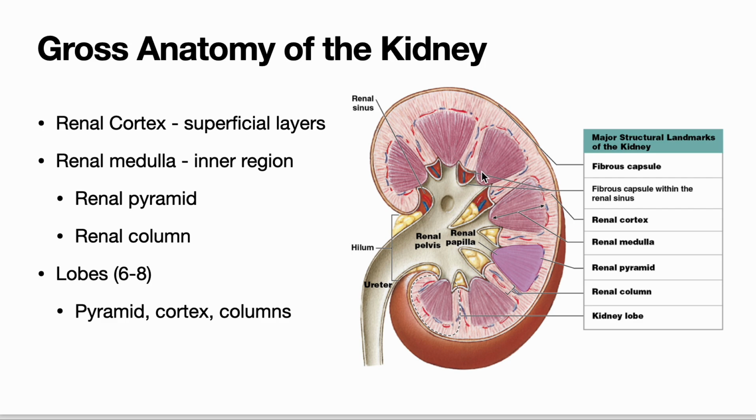You can also see the pointy part of the renal pyramid is called the renal papilla, which dumps into the minor calyx. When two minor calyxes come together, that gives us a major calyx. Where they all come together is the renal pelvis, and ultimately that drains to the ureter. So that's where the urine is going to drain out of the kidney.